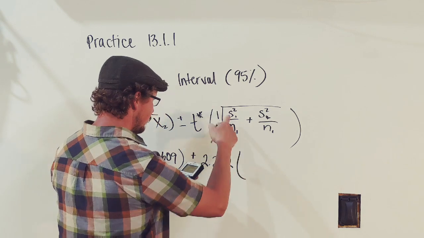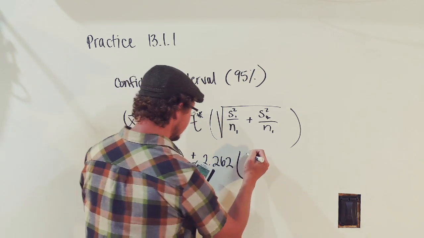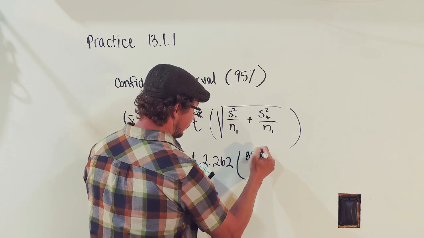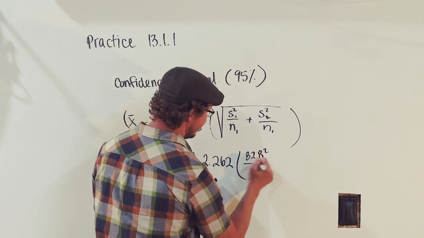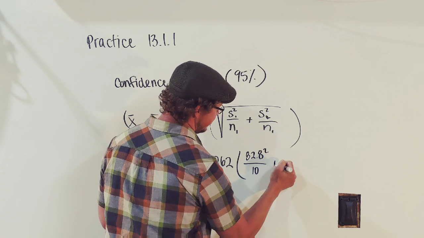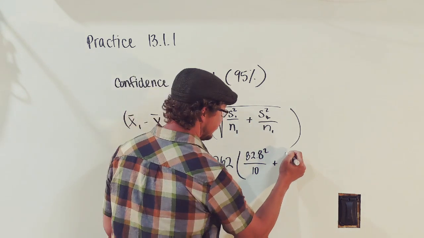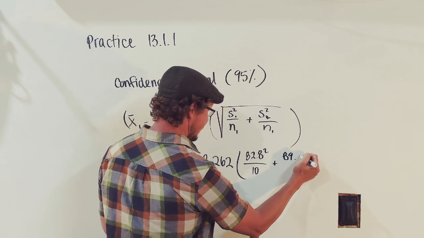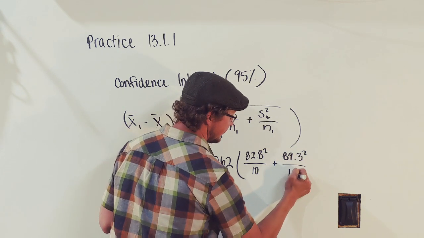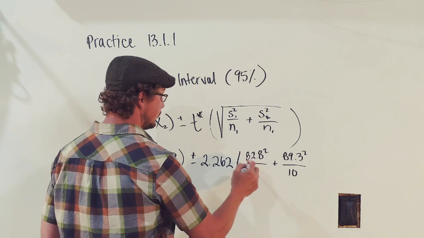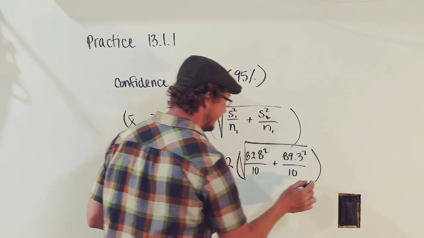looks like my one-bedroom apartments were 82.8 squared over my sample size 10 plus standard deviation of my two-bedroom apartments was 89.3 squared, and my 10 two-bedroom apartments all square rooted.